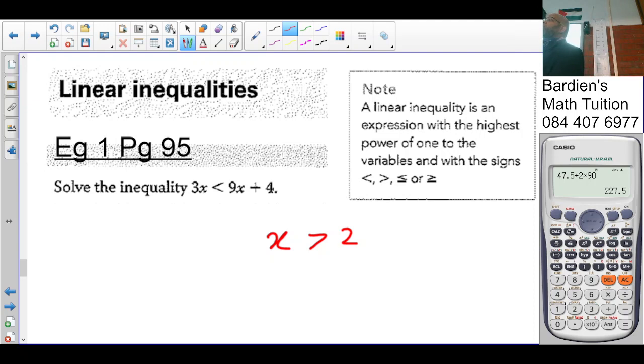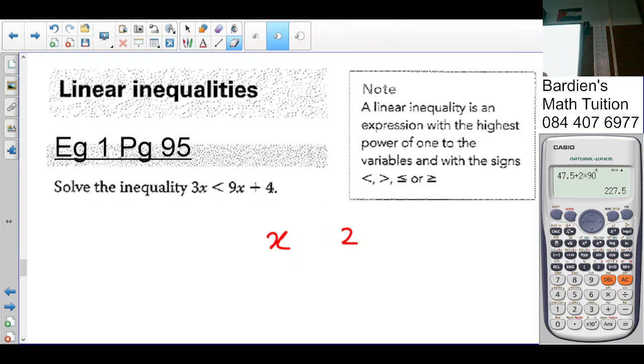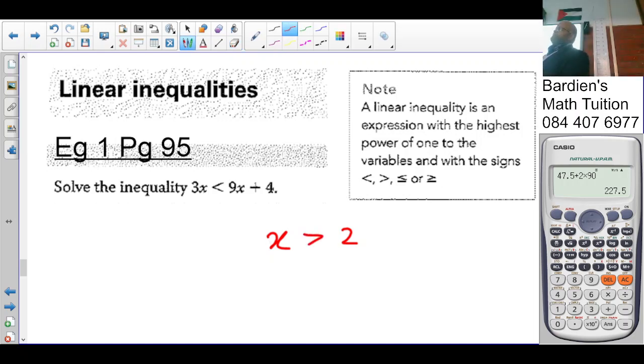X is? Who says less than? Somebody shouted out less than. Who says more than? Taba, what do you say? Okay, that is x is more than.